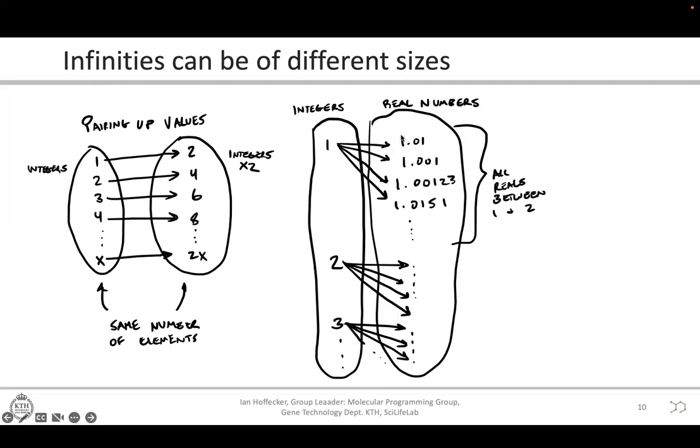So, let's consider the set of all real numbers, and then compare that with just the set of integers. If I try to do this pairing again, I would see that for every integer, there's already an infinity of possible things to pair it with in the real numbers. So 1 pairs to 1.01 or 1.001, and so on, before we even get to real numbers between 2 and 3.